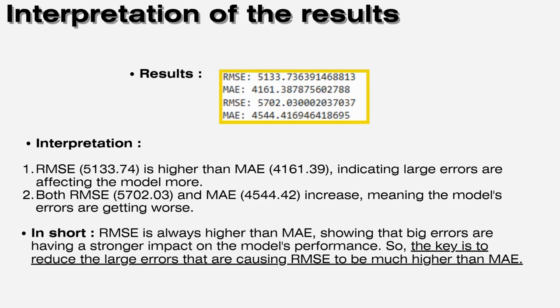And then we can see that both RMSE and MAE increase, meaning the model's errors are getting worse. In short, RMSE is always higher than MAE, showing that big errors are having a stronger impact on the model's performance. So the key is to reduce the large errors that are causing RMSE to be much higher than MAE.